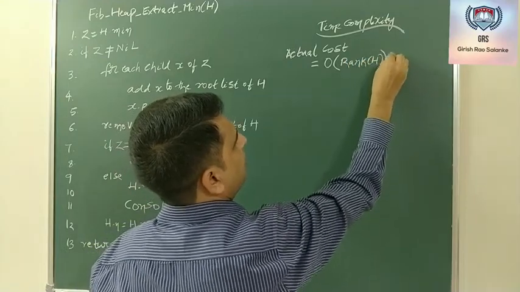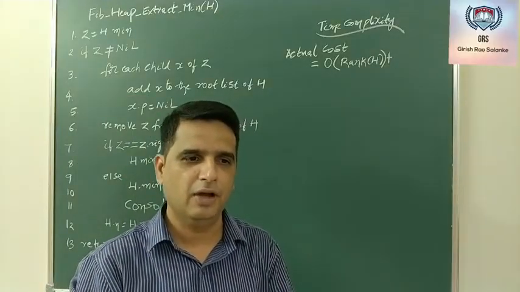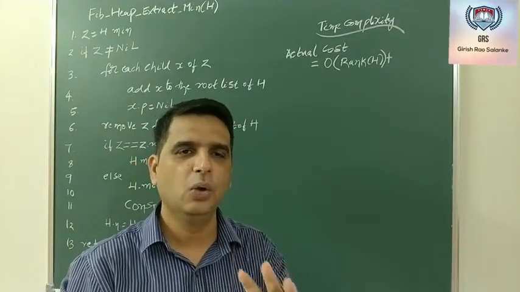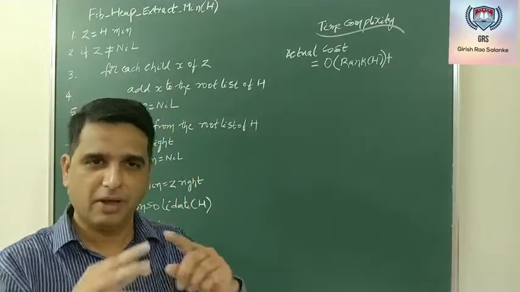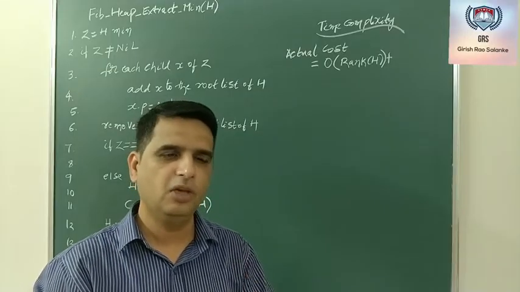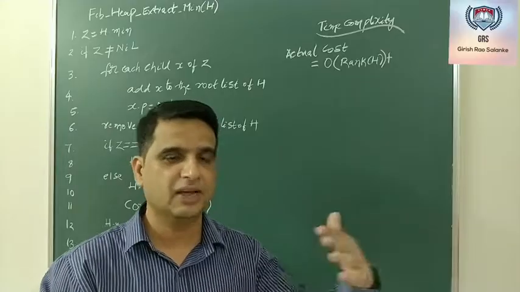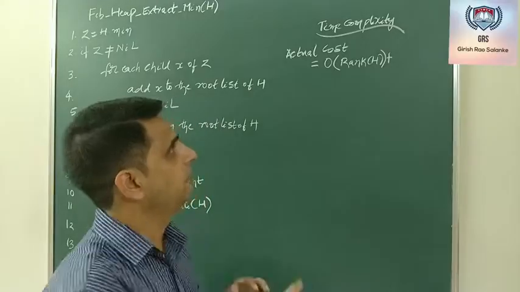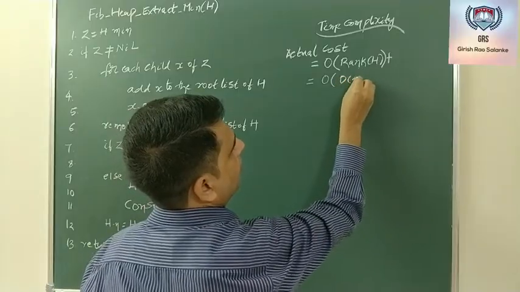Now what is this rank of h? We are doing rank of h depending upon the number of children that the node x, the node z, has. If you remember, the size of the array A was from 0 up to 3. 3 was the number of children that the deleted node has. Now let me call it order of d of n.